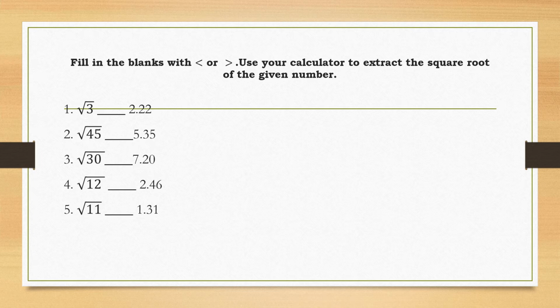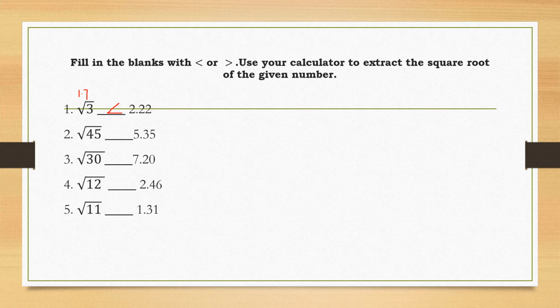Now here, first of course, we're going to compare using less than or greater than. So if we're going to get the square root of 3, the value of square root of 3, using your calculator, is about 1.7. So if this is 1.7, that means this is less than 2.22. So, it's smaller.